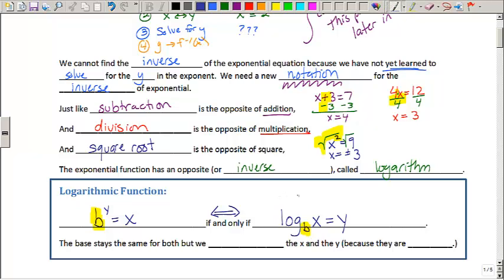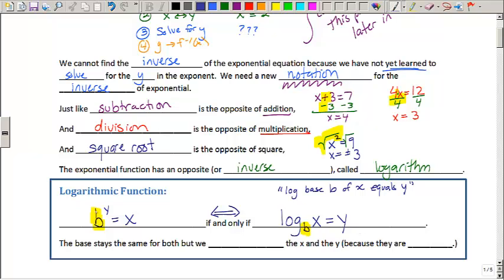When I pronounced the logarithmic equation, I said "log base b of x equals y." That's how I pronounced log base b of x equals y, this expression or equation over here.